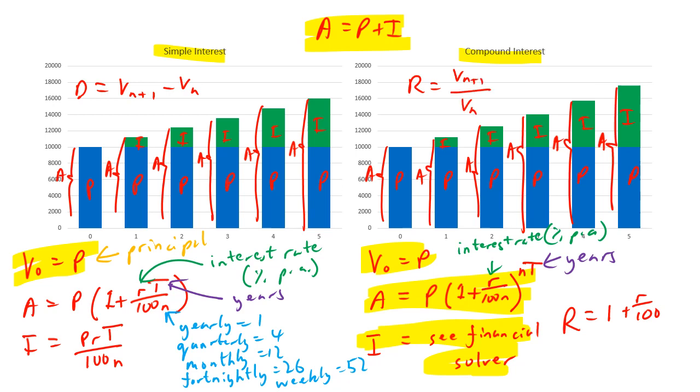So that should cover most of the formulas you need to know. And again, I cannot emphasize enough that for these, use the Financial Solver. So don't panic about those. Just learn to press the buttons on the calculator, which is in another video.